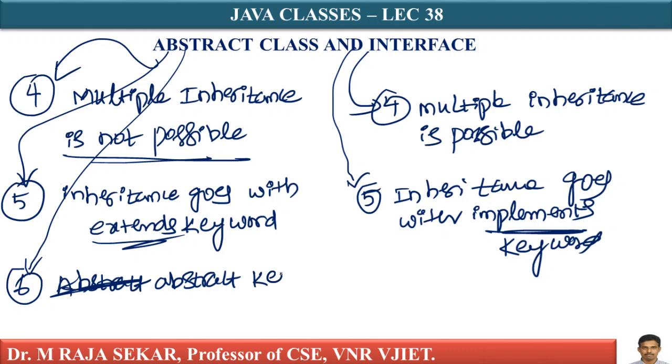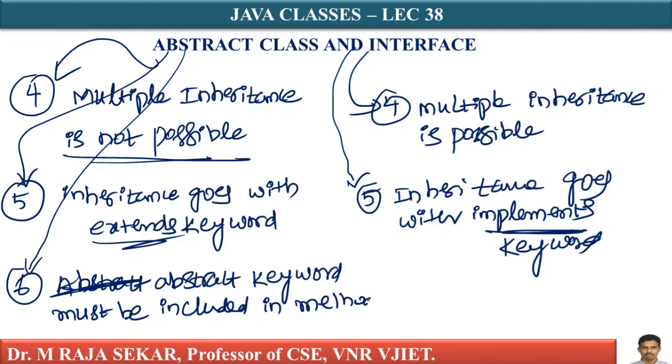The abstract keyword must be included in the method declaration. Why? Because in an abstract class, you may have an abstract method or a non-abstract method. If it is an abstract method, just keep the abstract keyword.